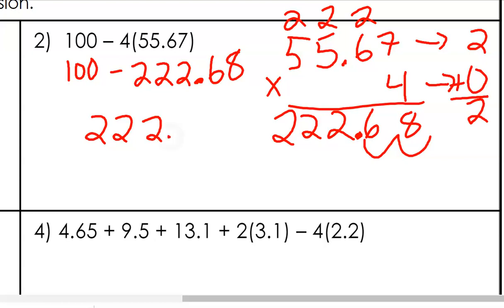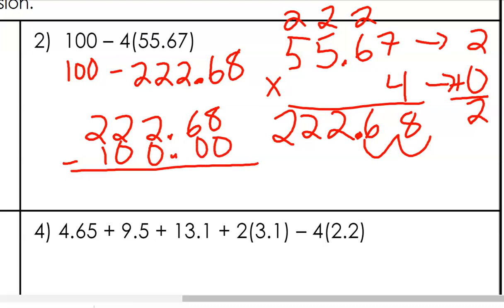So we got 222 and 68 hundredths. And we're subtracting, remember, 100. And I can fill in these place values with zeros. So here, when I subtract, I'm going to get 8 here, 6 here. Remember, bring down the decimal because we're subtracting. 2, 2, 1.